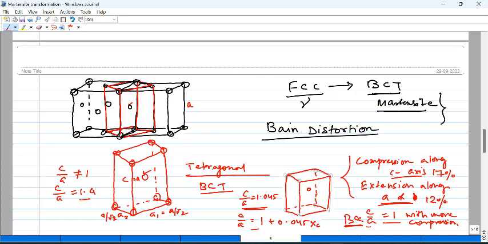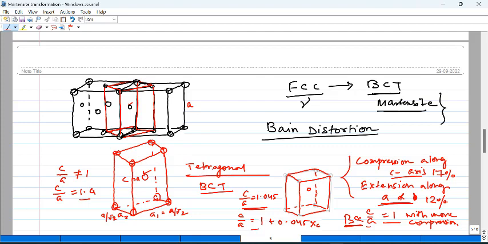But we did not allow that because the transformation is at a temperature where diffusion is very difficult to occur, and therefore it has stopped somewhere in between with a C by A ratio a little more than 1, but not 1. That is how this structure change comes about from the FCC to the BCT.